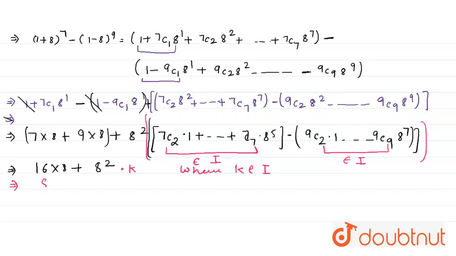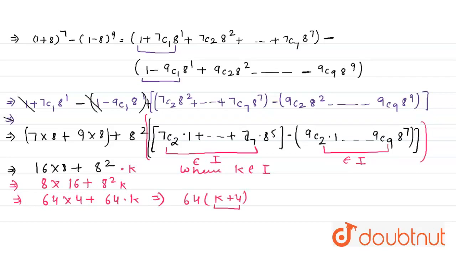So this implies 8 into 16 plus 8 squared k, and I can write it as 64 into 4 plus 64 into k, and now 64 will come out, k plus 4. Again, if I add something in an integer, it will again be an integer.